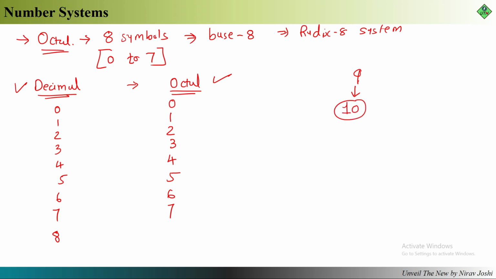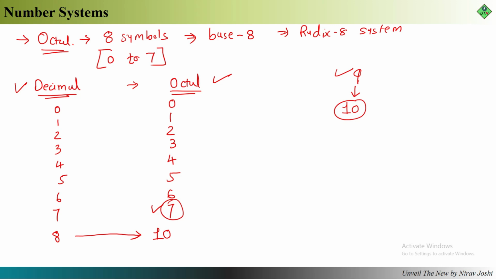Similarly, in octal, the last symbol is 7. In decimal the last symbol was 9, but in octal the last symbol is 7. After the last symbol in decimal, we get 10. So similarly, in octal also, after the last symbol we get 10. So the equivalent of 8 in octal is 10.